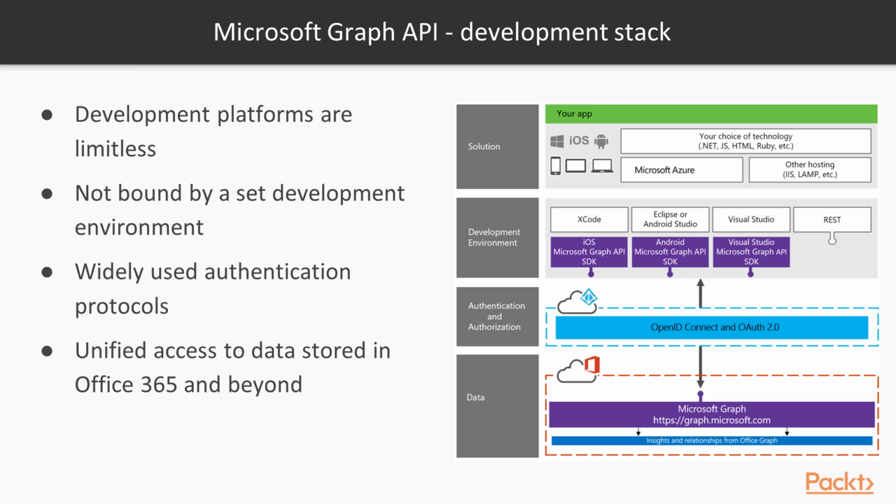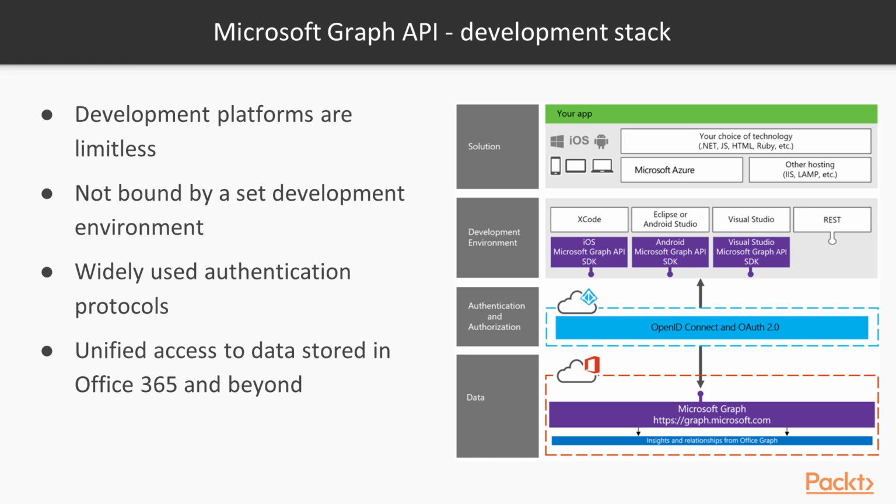Let us take a look at the development stack. There is a virtually limitless number of development platforms upon which you can develop to get access to the Microsoft Graph API. Really, you are only limited by your own use cases.